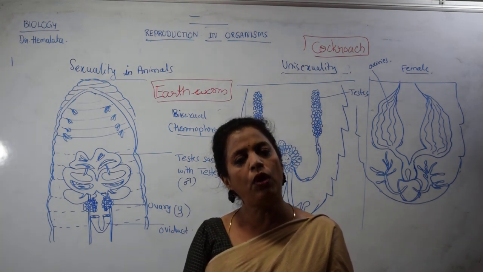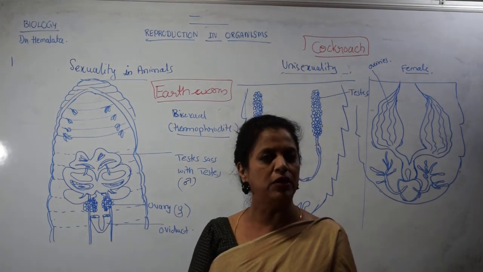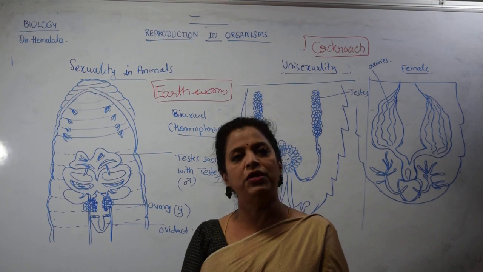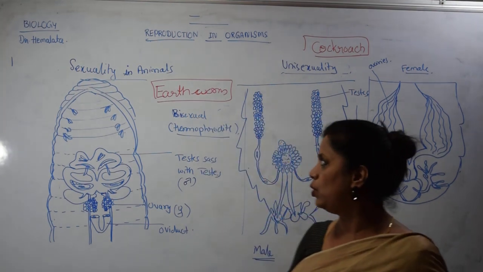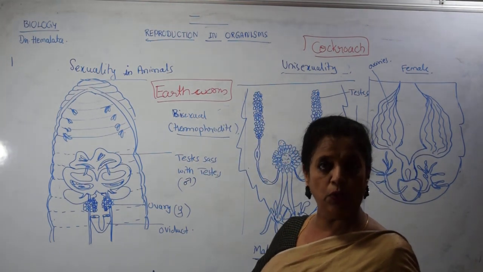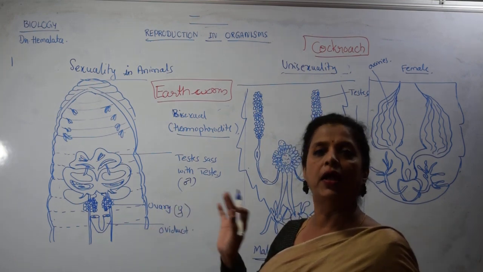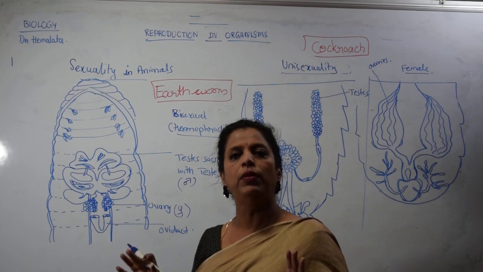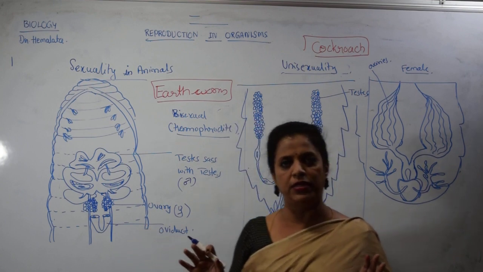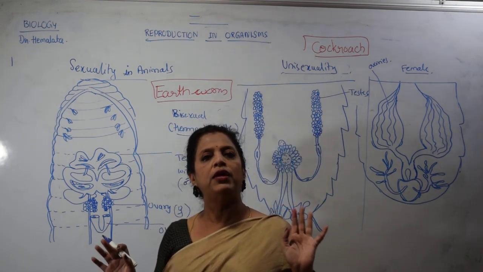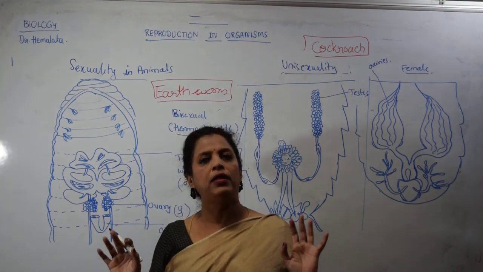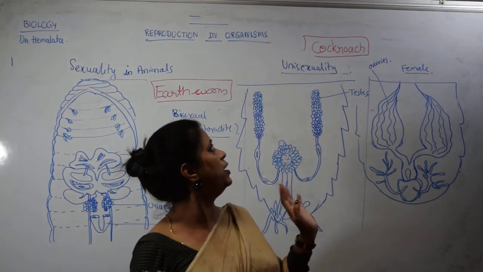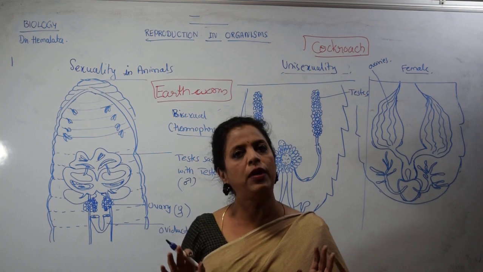Normally this will not be asked for drawing, you just have to mention it. But to understand, you need to draw this for your notes reference. Just draw them and keep it with you. Whenever they ask, you should suddenly remember: earthworm, bisexuality, hermaphrodites. The cockroach is unisexual, a dioecious organism, they are separate. It is called sexual dimorphism.